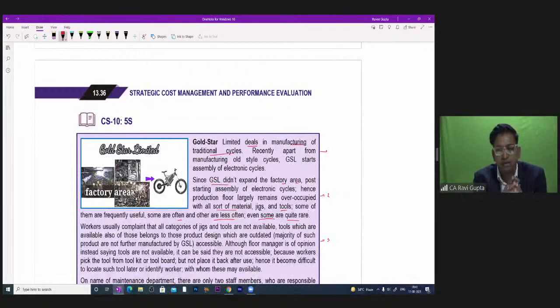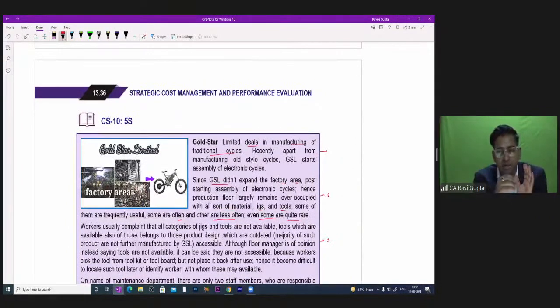And we know that in case of sorting, that is S1, we have to classify the items into those which are useful or which we need now; second, which we need but not now; and a third one, which we need not at all.